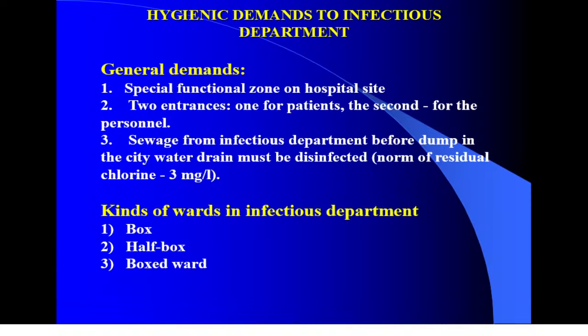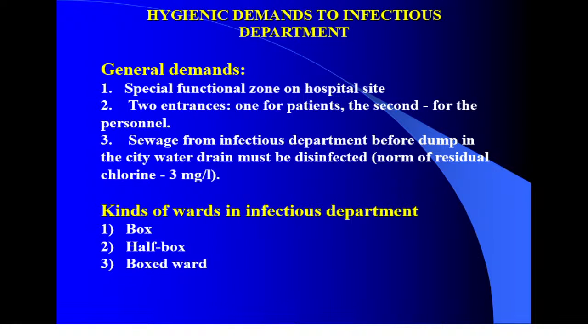First of all, boxes are used for severe infections, for example, for patients with cholera, where must be strict isolation of patient, and for patients with infections of unknown etiology. Just when doctors think about infection or disease, but have not revealed what kind of infection. Also must be isolation of such patients.